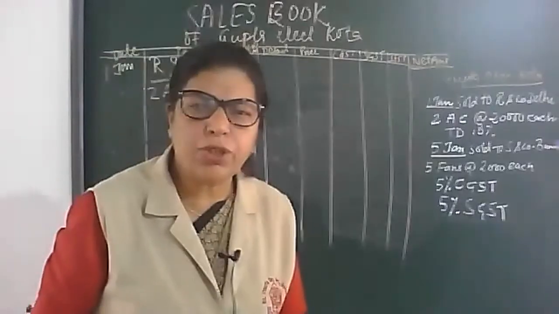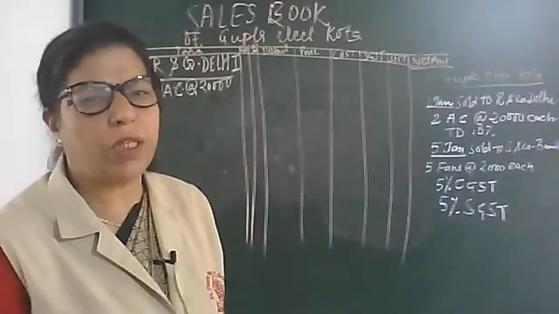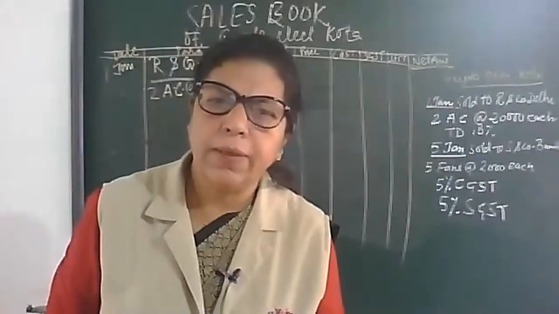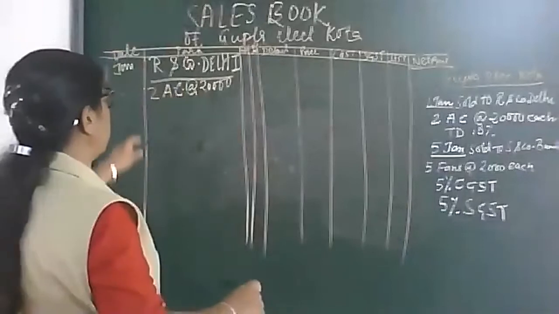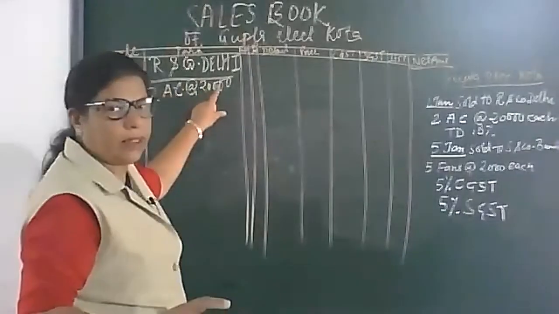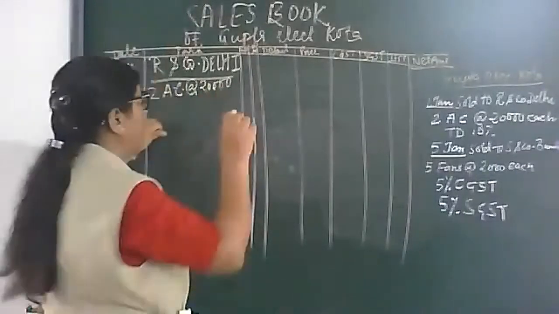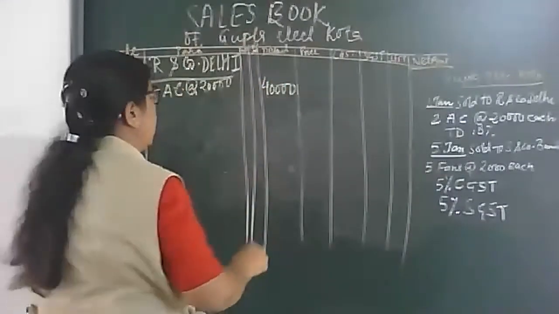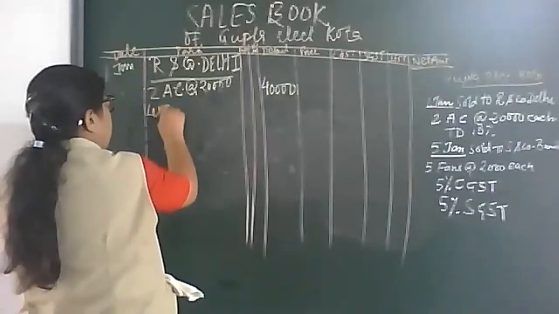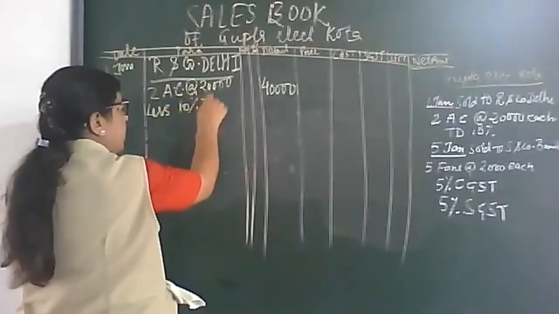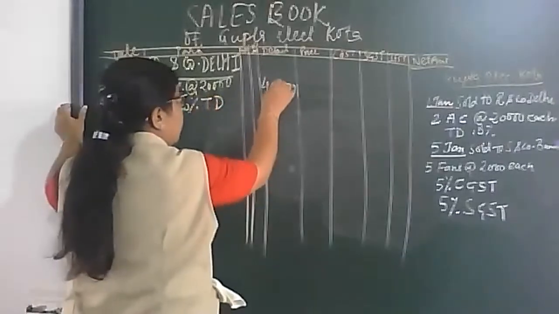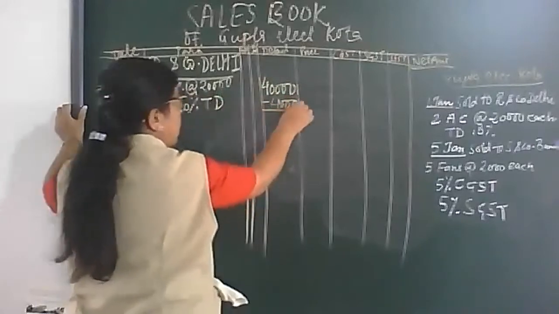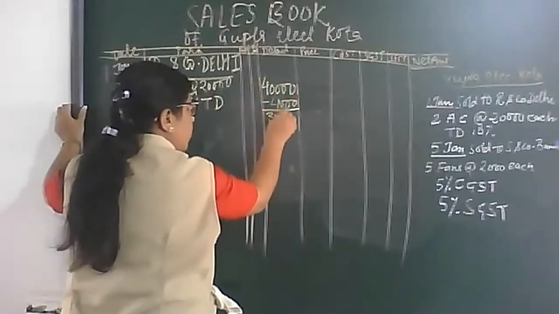It means the total amount will be 40,000. Less trade discount 10%: 10% of 40,000 is 4,000. Now 36,000.